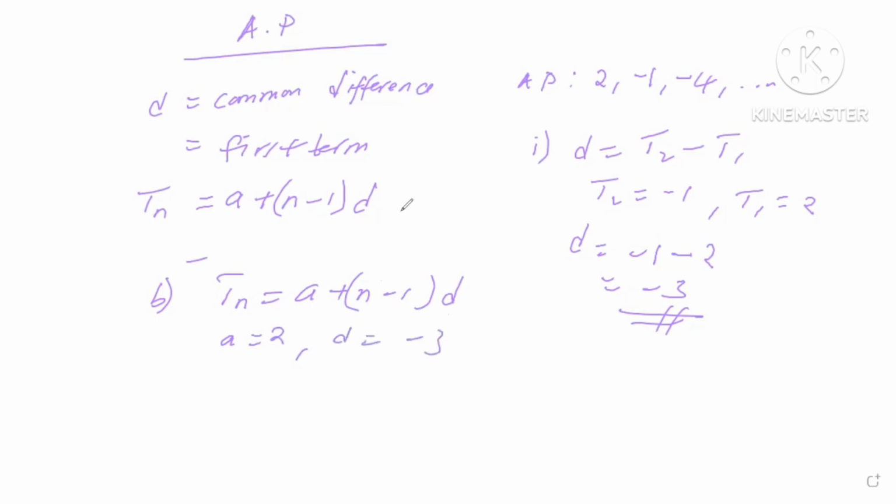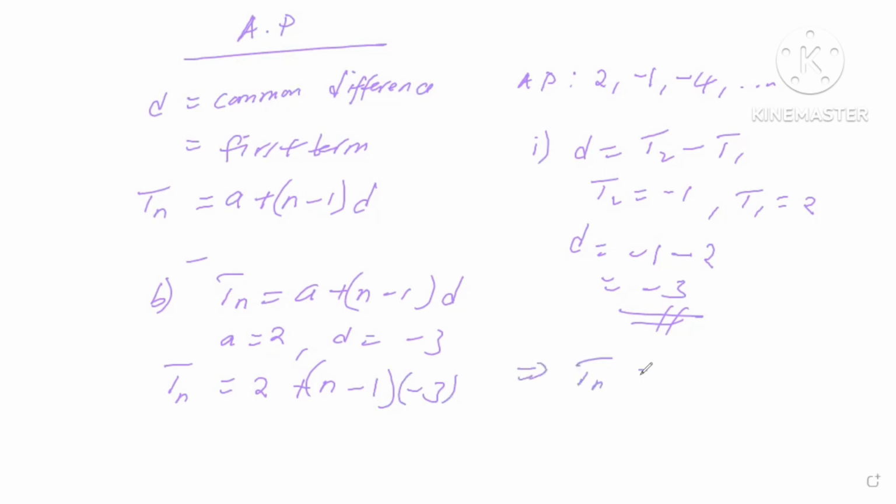Then we just replace in the formula, and this will simplify. So the Tn will be 2 plus n minus 1, multiplied by -3.